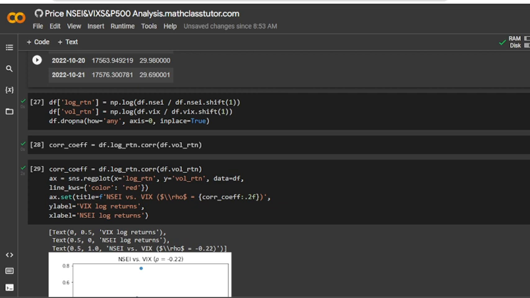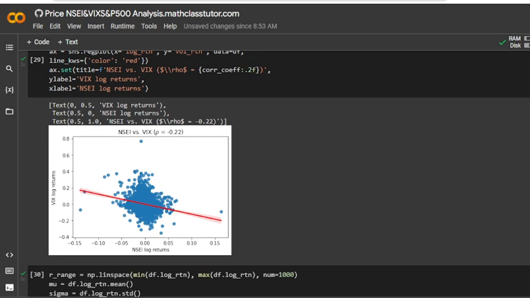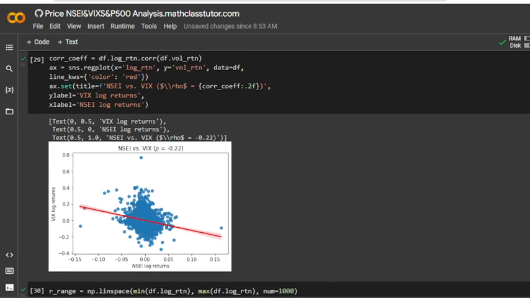I am visualizing both of them, and really I have gotten something different, because a few days back we didn't see these spots. The data is really moving: the x-axis is the log returns and the y-axis is the VIX log returns.